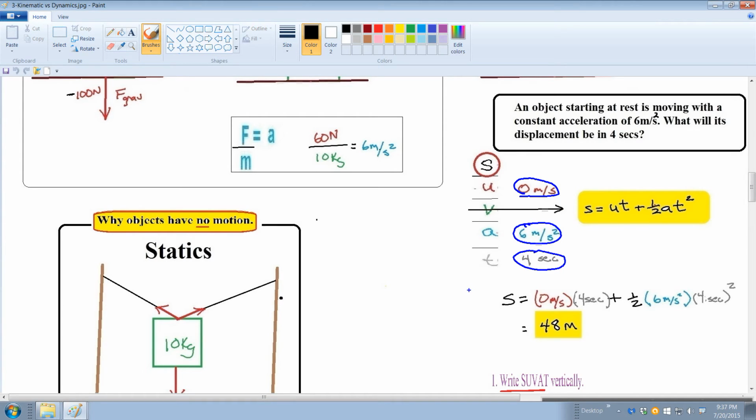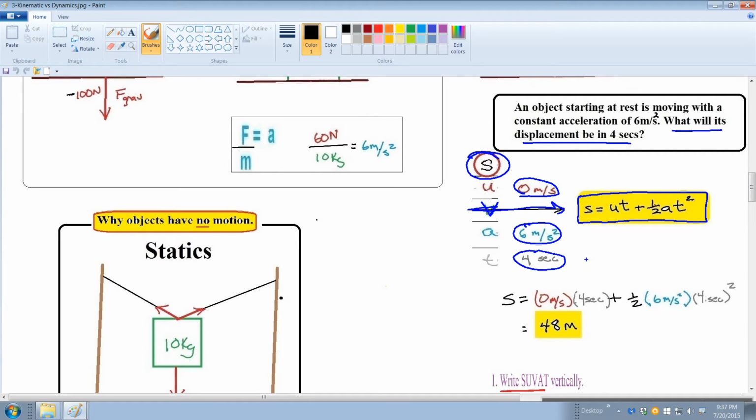The change in time is 4 seconds. What are we looking for? We're looking for the displacement. So we circle that, and then we draw a line through the parameter that's left, which is v, final velocity. The equation that's affiliated with v will be this equation. So now we have the equation that we need.